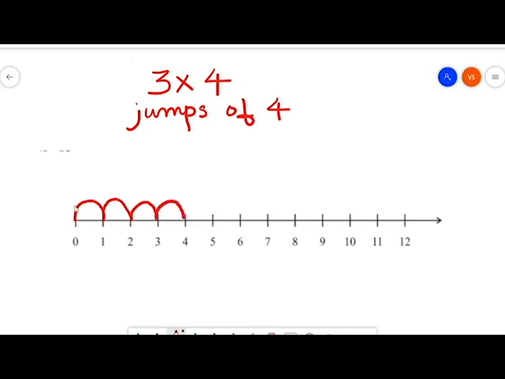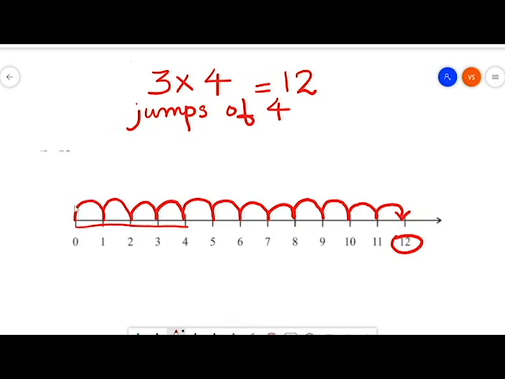This is the first jump of 4. 1, 2, 3, 4, second jump of 4. 1, 2, 3, 4. And we reached the answer 12. So we have to jump 3 times, and in each jump we should have 4 small jumps in it. So this is how we compute product using number line.